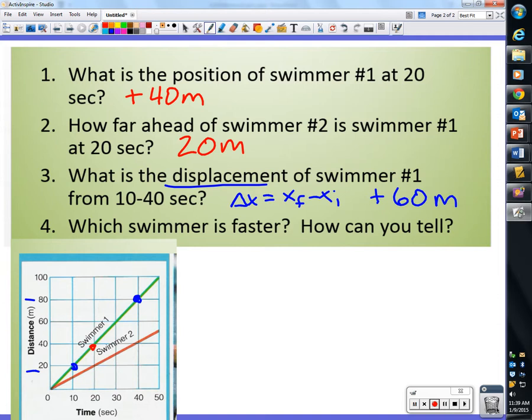All right, last one. Which swimmer's faster and how can you tell? Okay, that's true. What is that steeper slope telling us according to the information on this graph?